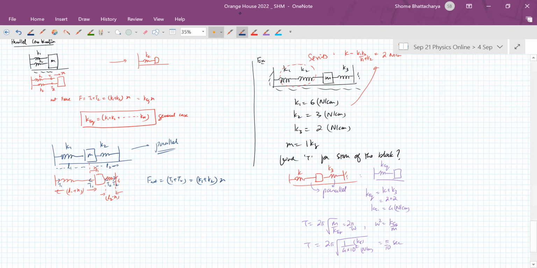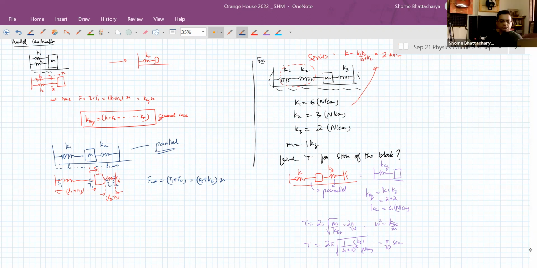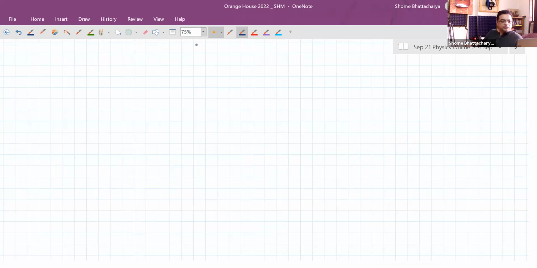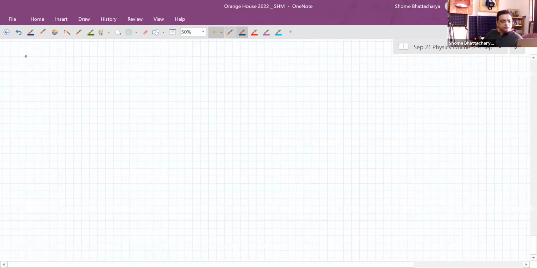Okay, now let's move on from here to vertical spring mass systems. It's just very simple extension of spring mass systems that we've seen before.